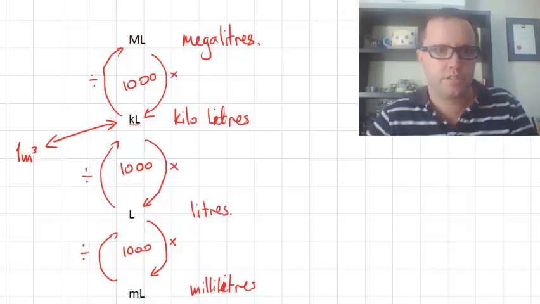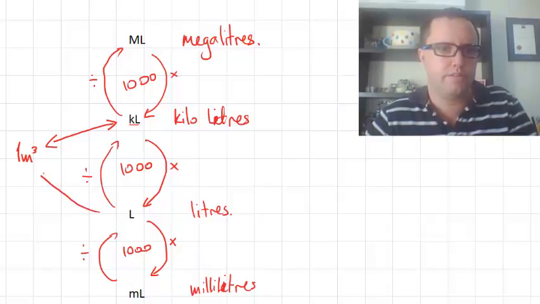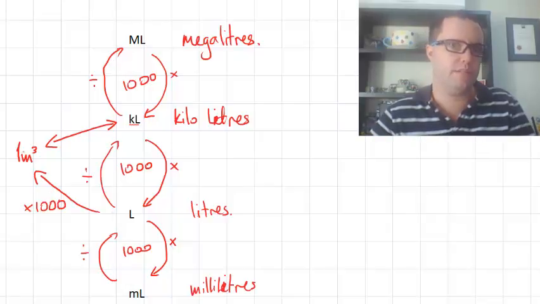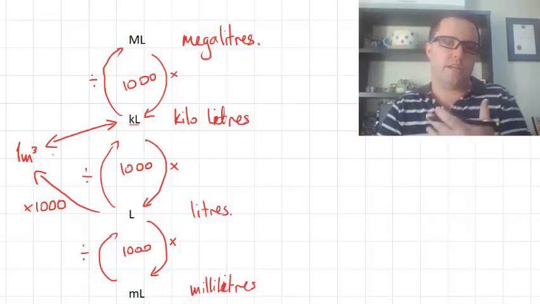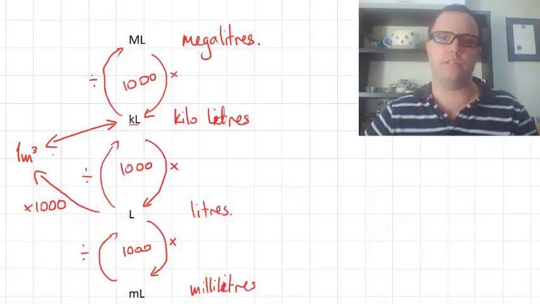So there are 1,000 liters inside a cubic meter. So you times liters by 1,000 to get to cubic meters. So that's the main conversion between the capacity and volume that you'll need to make.